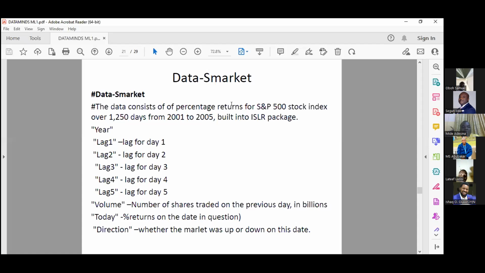ISLR. If you have not installed this package, kindly install it. I hope you have been taught how to install a package. Go to your RStudio and install the ISLR package.